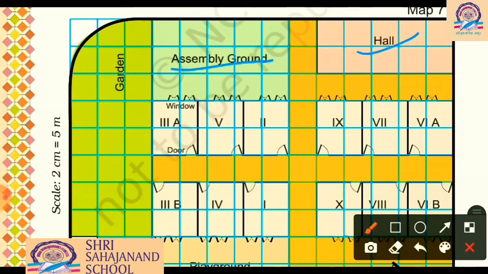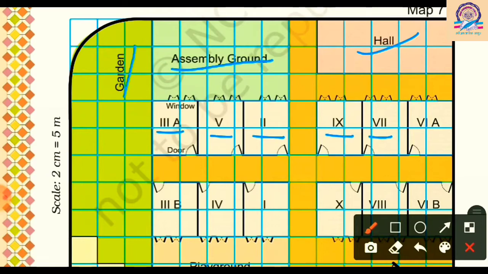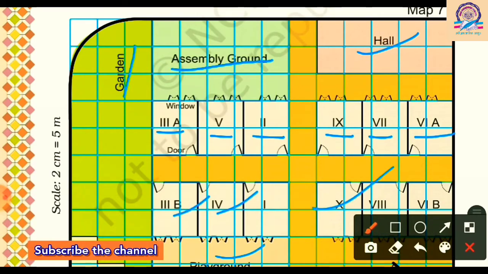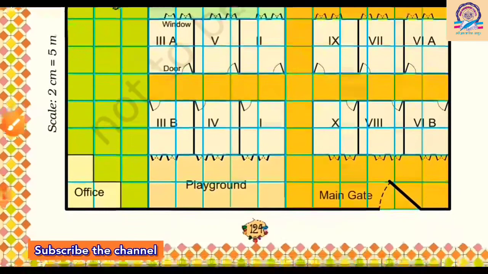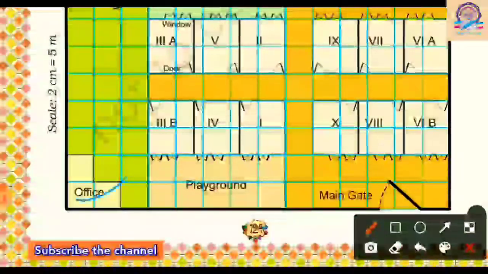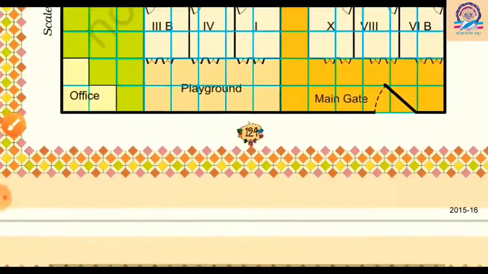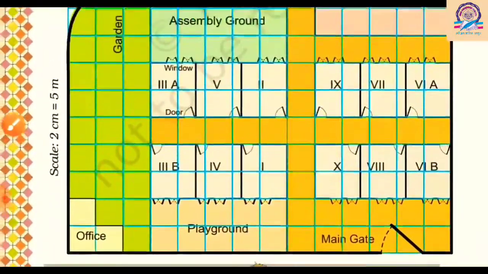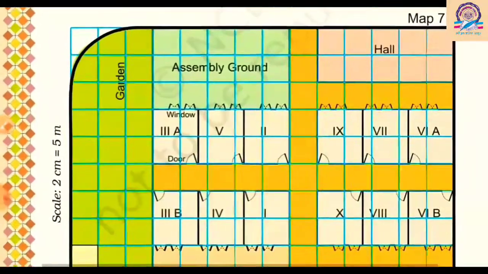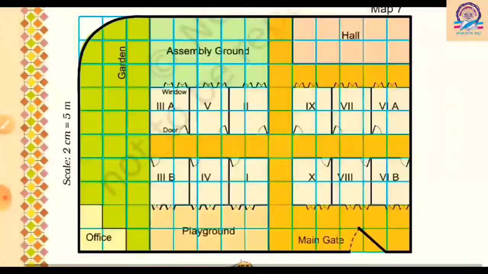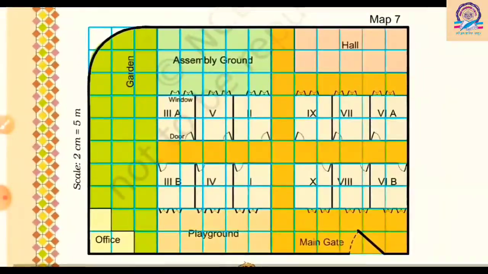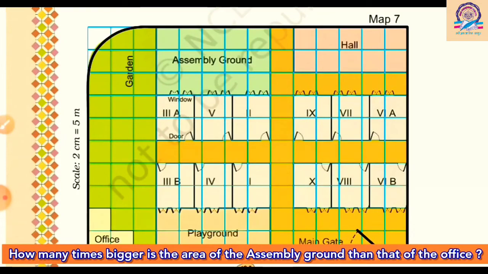It includes hall, assembly ground, garden, then different classes like 3rd A, 5th, 2nd, 9th, 7th, 6th A, 3rd B, and different classes are given. Then they have given us playground, office, and main gate of the school. So this is the map of Ash's school, which is nothing but Map 7. I hope you are now clear with all the areas of this map.